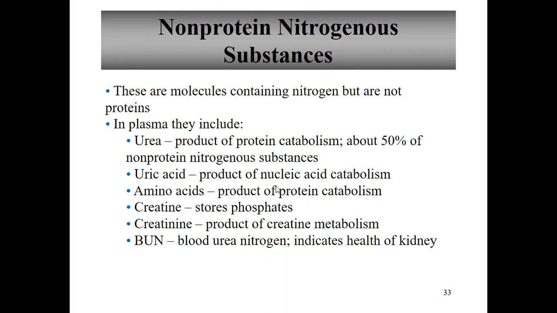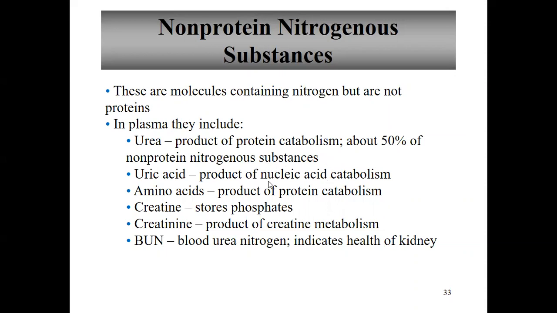Then you also have uric acid. This is a product of nucleic acid catabolism. So it's really important for you to understand the difference between catabolism and anabolism, because being able to understand these particular things is going to be hinging upon you understanding these. So again, uric acid, product of nucleic acid catabolism.